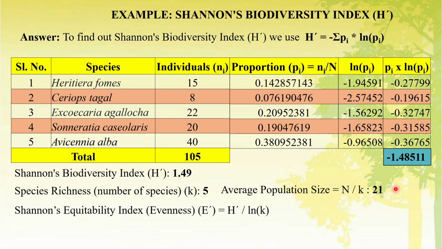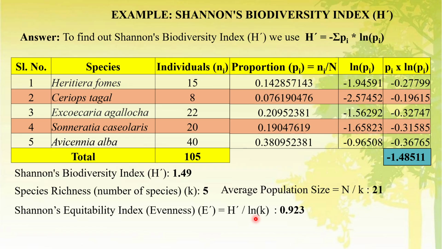And the Shannon's Equitability Index, or evenness, is equal to the Shannon Index divided by ln k, that is ln 5, which is 1.6.